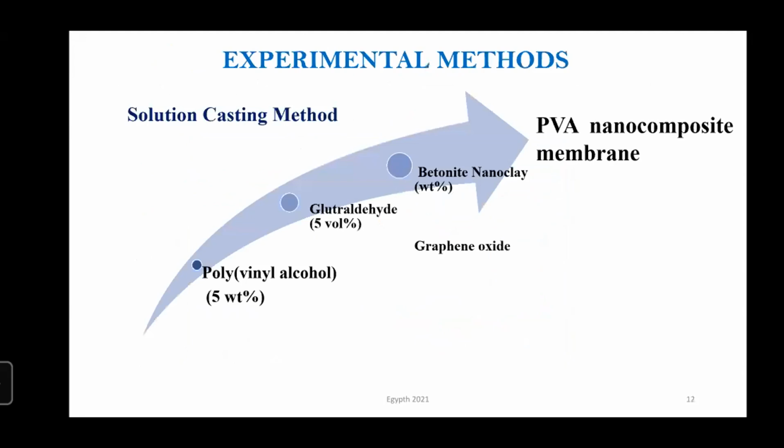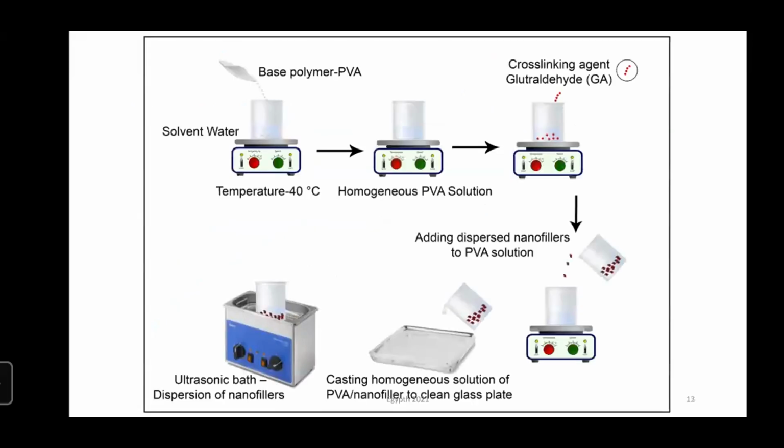In our lab, we mainly depend on the solution casting method for the synthesis of polyvinyl alcohol nanocomposite membrane. Here we have 5-8% polyvinyl alcohol, which is cross-linked with glutaraldehyde. Then we add different nanofillers like bentonite nanoclay, graphene oxide, and POSS to prepare the PVA nanocomposite membrane.